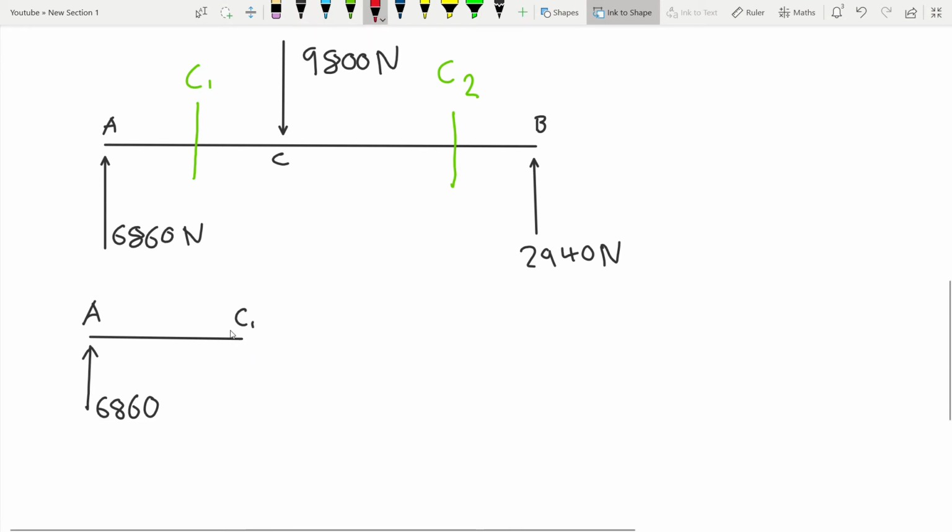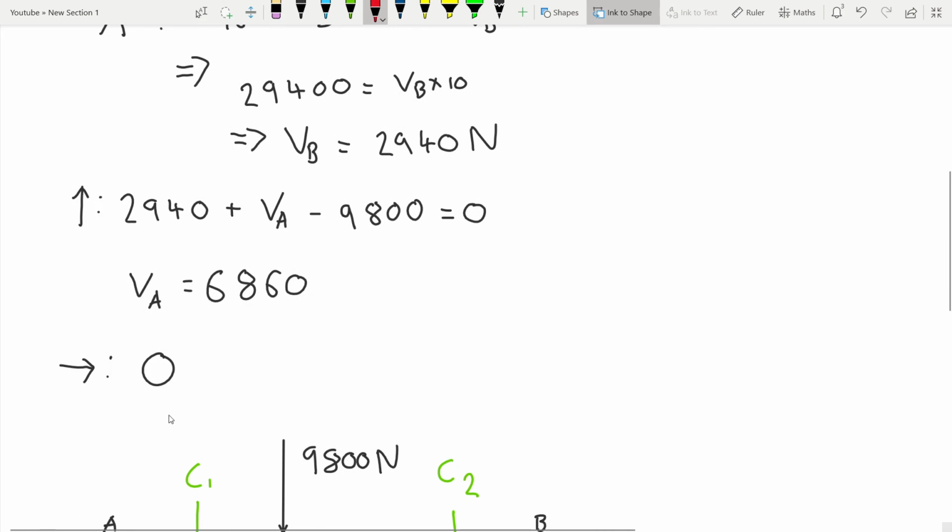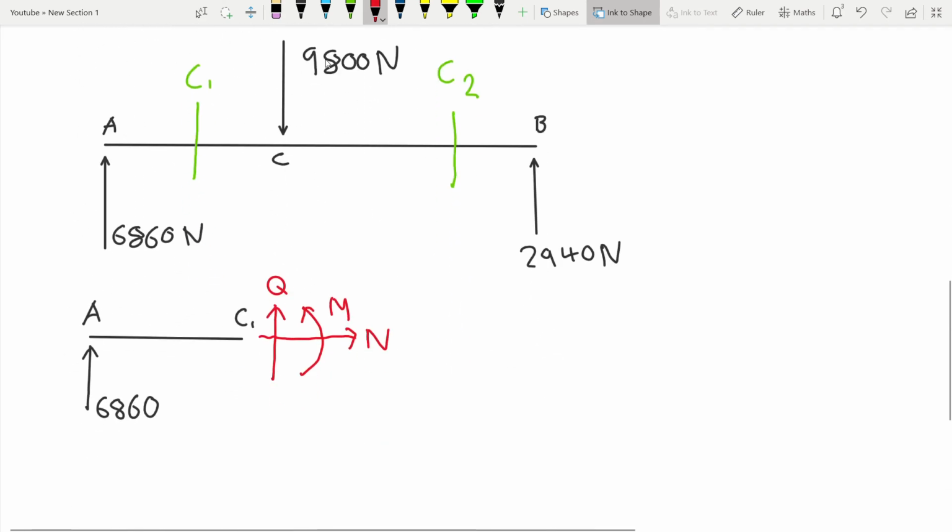This is a positive face. I'm going to call our upwards force Q. We have our moment. We're going to have a normal force. But obviously, horizontal force is 0, so we're just ignoring that now.